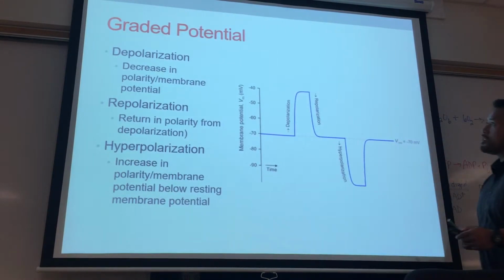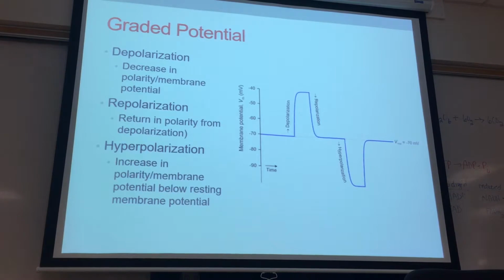And any changes to the membrane potential can be explained by these three terms: depolarization, repolarization, and hyperpolarization. What we're not going to get into just yet is what's going to govern the movement of ions. But based on what we've already learned, you'll be able to surmise which is going to cause which. So for now, let's just take a look at the changes in the membrane potential.